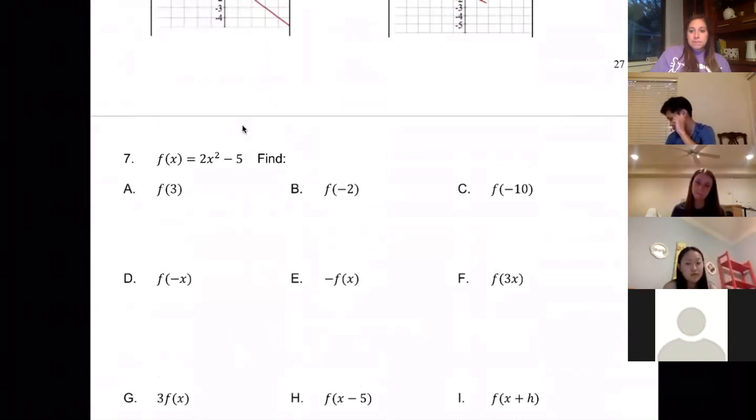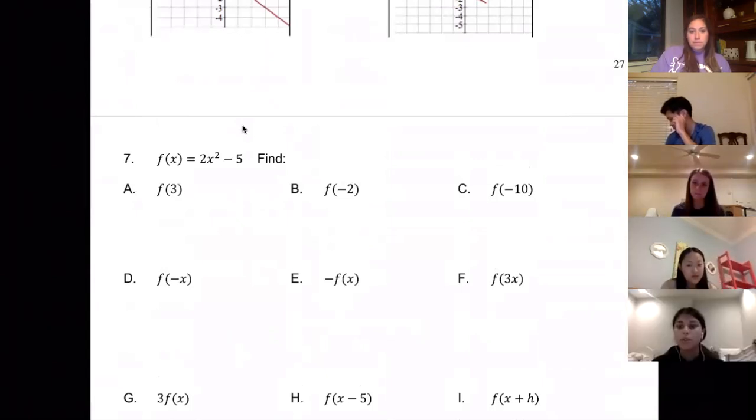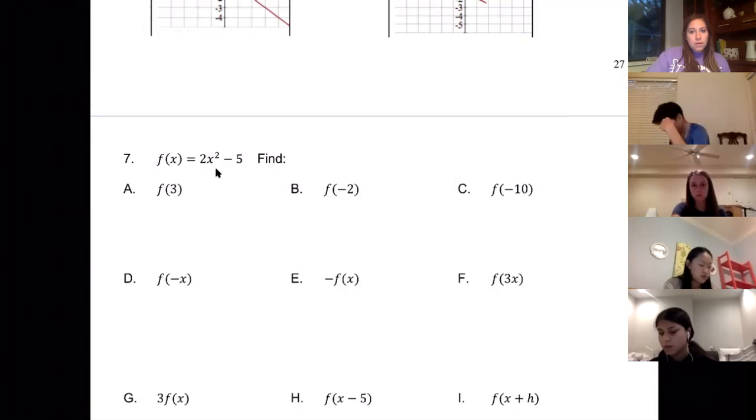I have a question on the 1.1 to 1.3 review sheet. Okay. I don't think I have that pulled up. Let me pull it up really quickly. What number? 12 and 13, I'm not really sure how to do.